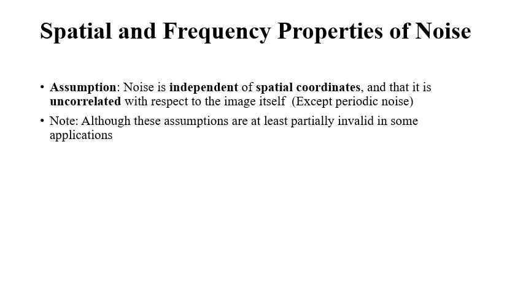For the sake of ease of modeling, we make some assumptions. One is that the noise is independent of spatial coordinates. The other assumption is that the noise we are going to consider is uncorrelated with respect to the image itself, except for one noise which is known as periodic noise.